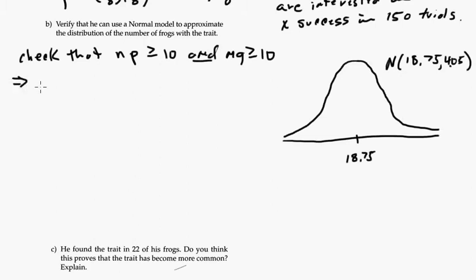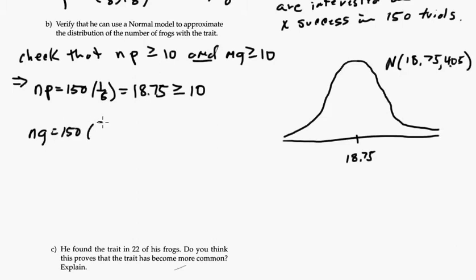We already know np is equal to 150 times 1 out of 8, which is 18.75. You need to actually show this. And nq is equal to 150 times 7 over 8, which is 131.25, and that's greater than or equal to 10.